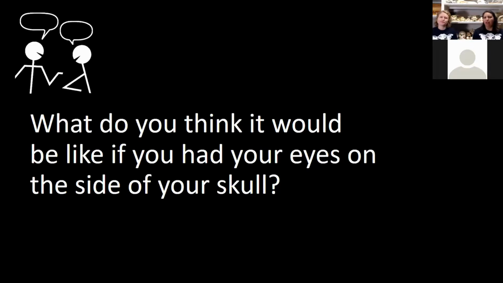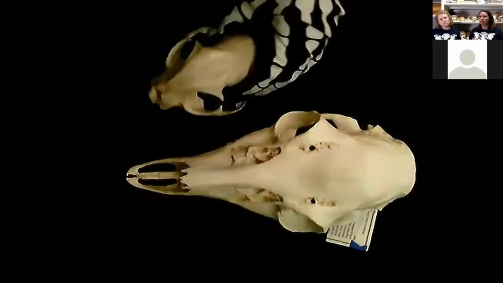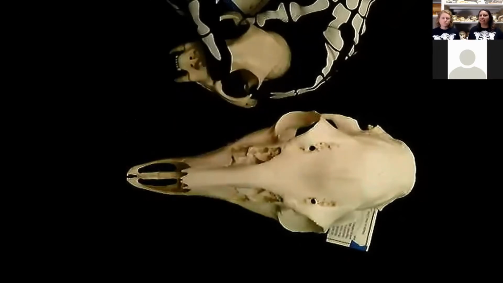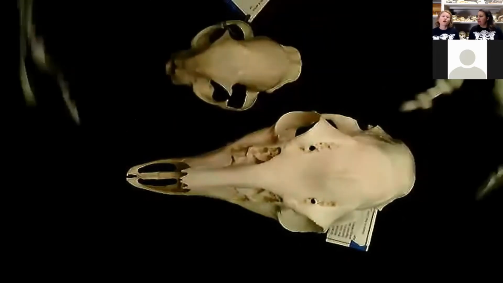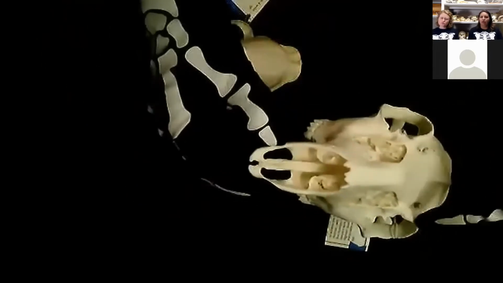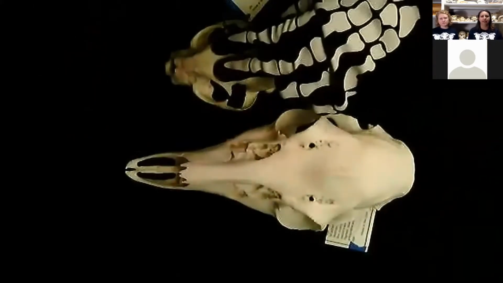Well, we can actually test this out. So what we can do is we can actually take a closer look at our skulls and see where their eyes are. And then we can also figure out how far they can see by tracing out their sort of range of vision. So we have one skull that has its eyes on the side. We're going to go ahead and test that out in just a sec.